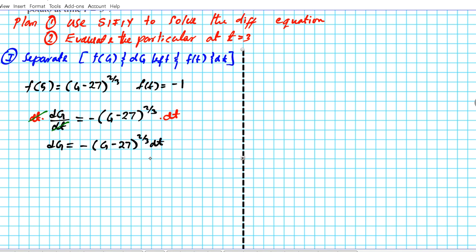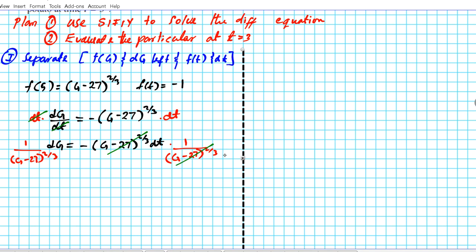Now we need to move this function of g to the left side of the equation. To accomplish that, we're going to multiply by 1 over g minus 27 to the 2/3, or just divide by that, the same thing, on both sides. On the right side, these quantities divide out.